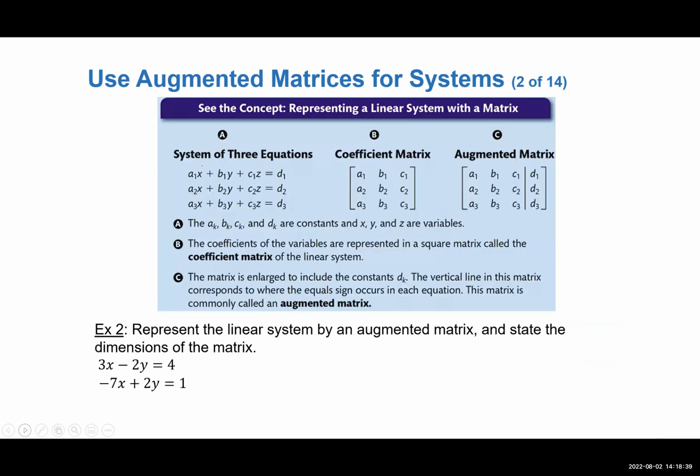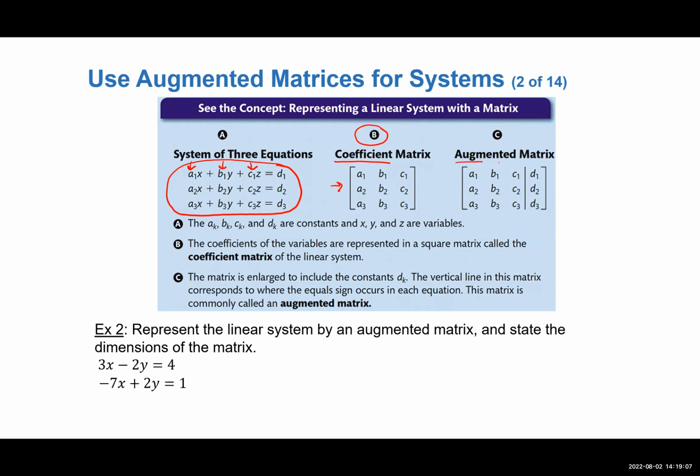So how do you write a matrix from a system of equations? For example, in 6-3, we had 3 equations with 3 different variables. And there are 2 different types of matrices that we can pull out from this. One is called the coefficient matrix. With the coefficient matrix, you just take the coefficients of X, Y, and Z, and that becomes a coefficient matrix.